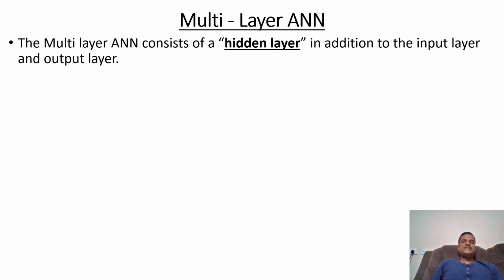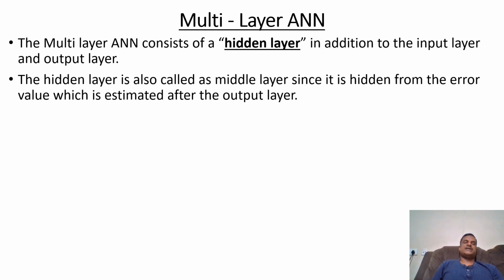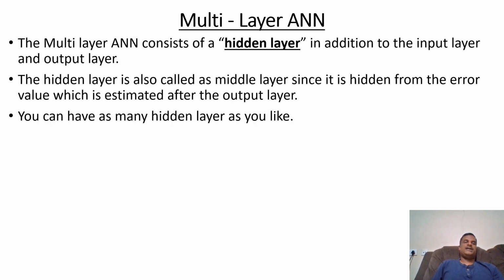These are called hidden layers because they are hidden from the output or the error value, which we will study later in our training algorithm. Sometimes you can also call it a middle layer since it is hidden from the error value, which is estimated after the output layer.